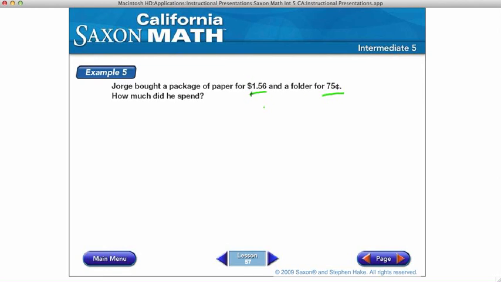Because we have more than $1 here, I'm going to convert the 75 cents to using a dollar sign and a decimal point. So I'm going to start with my $1.56. And then lining up the decimal points, I'm going to put a 0 in here as a placeholder. $0.75. So now my decimal points are lined up, my tenths or my dimes place, and my pennies place is all lined up nice and neat.